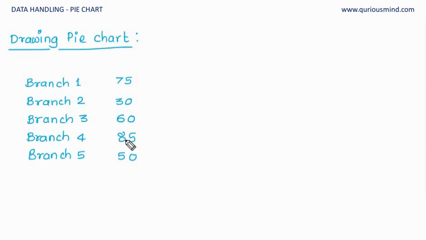Now once I have this data, the first thing I do is I will calculate the total sales. Total sales in this case is 300. So this is my branch name and I am going to calculate the sale fraction here in this case.